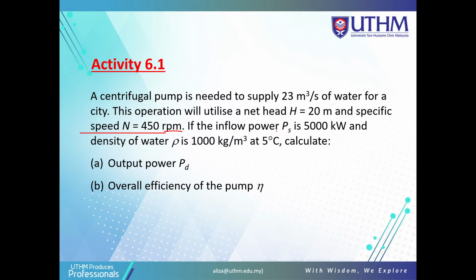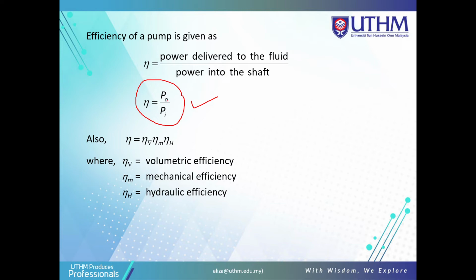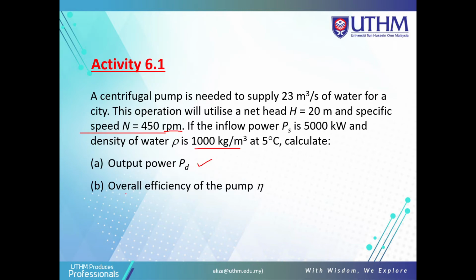If the inflow power P_S is 5,000 kilowatts, and using the density of water, calculate the output power P_D, the delivery power, which is the power delivered to the fluid, and the overall efficiency of the pump.